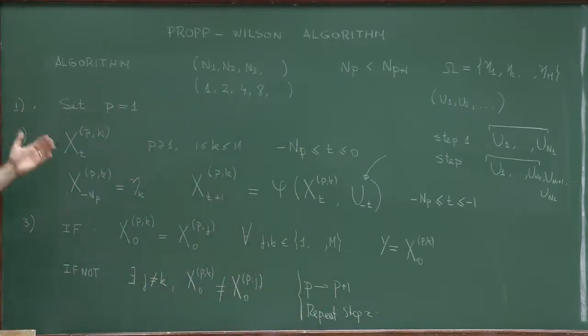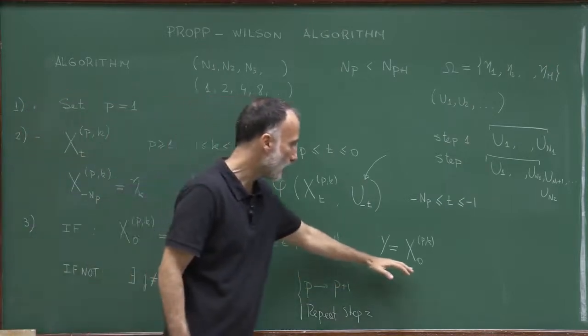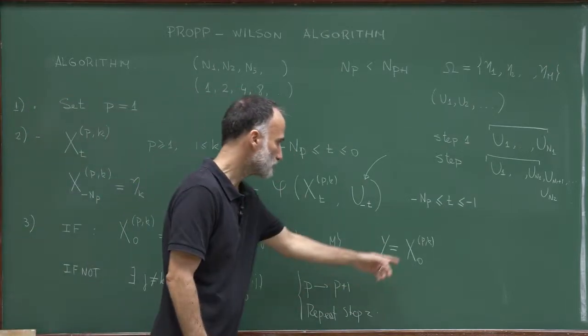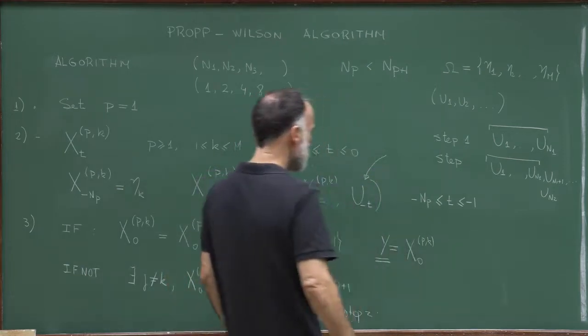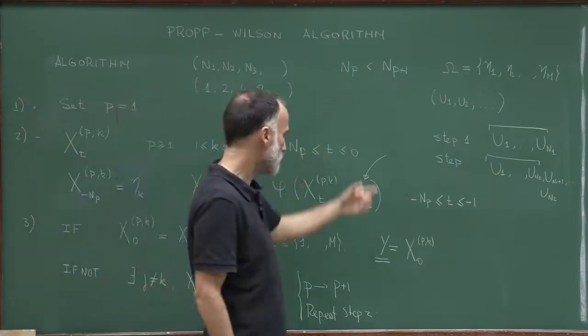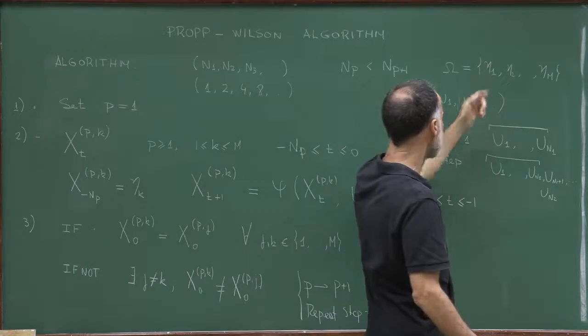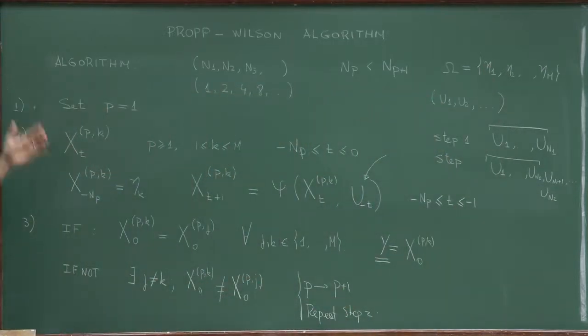And you do that until you reach one situation in which all these values agree, and you define y to be this value. So this algorithm, if it ends, provides you a random variable, which I'm representing by y, which takes value in omega. So y is one configuration, and it's the result of this algorithm.